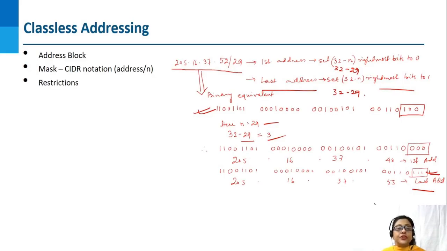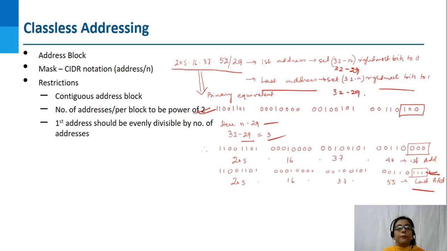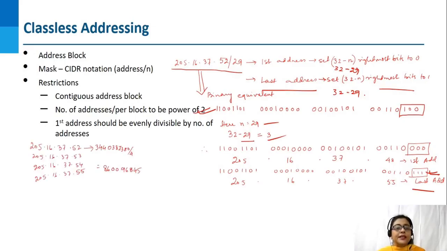There are some restrictions imposed on classless addressing. The address block should be contiguous in nature. The number of addresses per block should be a power of 2. The first address should be evenly divisible by the number of addresses. Let's see this by example.